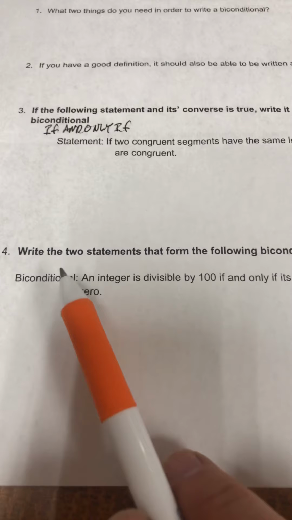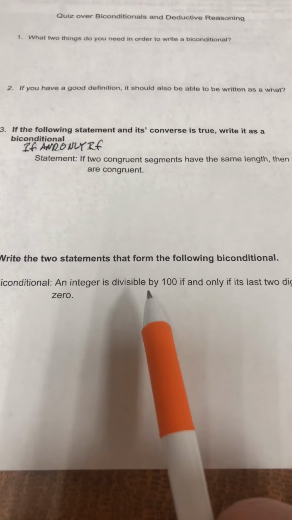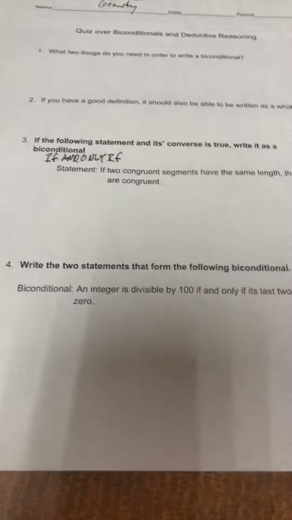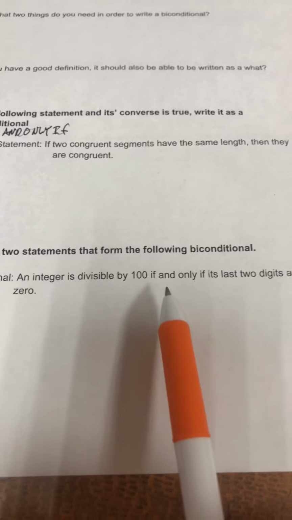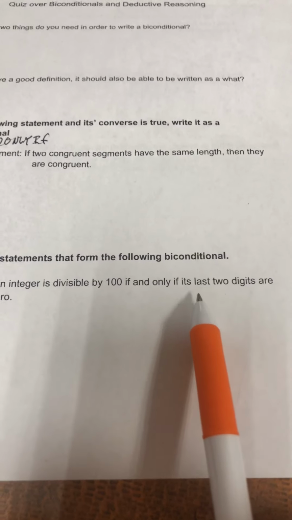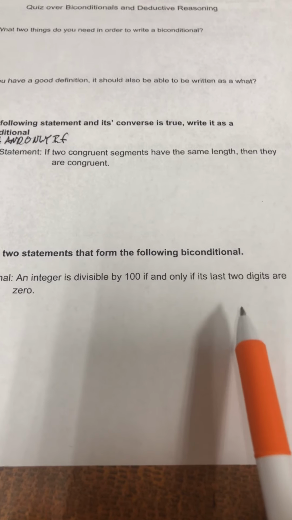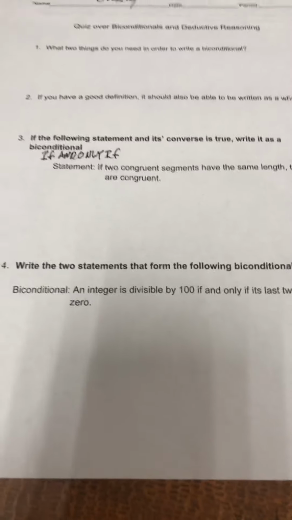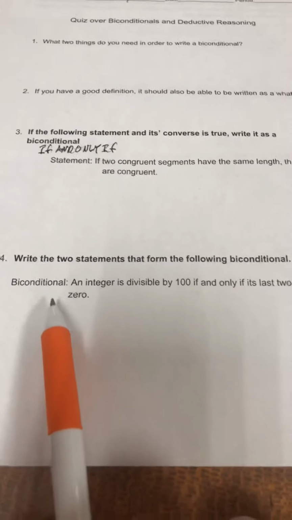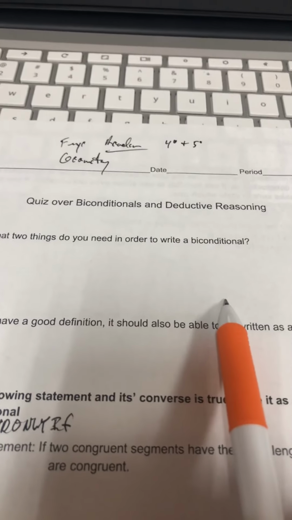Number four, write the two statements that form the following biconditional. So you're going to break this up into the two statements that make it a biconditional. An integer is divisible by 100 if and only if its last two digits are 0. So you want to take that if and only if out of there and then write those two statements that make that biconditional, okay? Remember, for a biconditional, it has to be in reverse too.